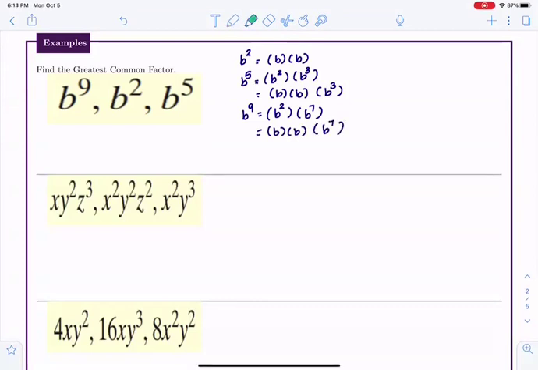So the common factor here, or the greatest common factor, is b times b, which is b squared. So the answer here is the GCF is b squared.